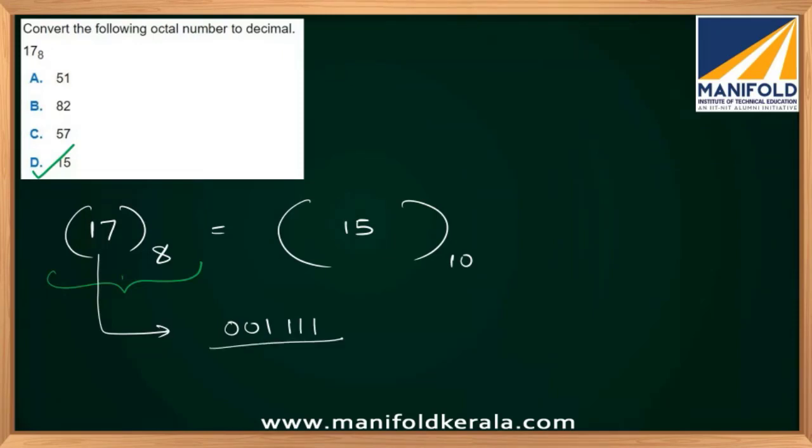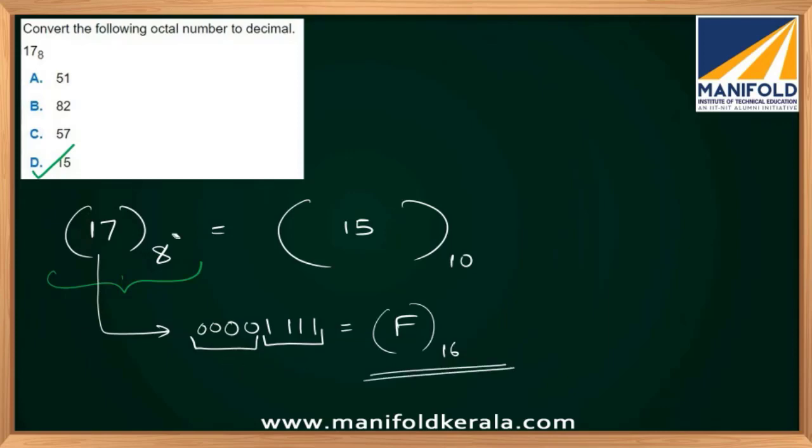Now you have the binary in place, and you can easily convert this binary to hexadecimal. This is 1 and this one is 0 anyway. And this one is equal to F, right? You already got 15 here, so this will be F in base 16, because this is 0 and this is F.